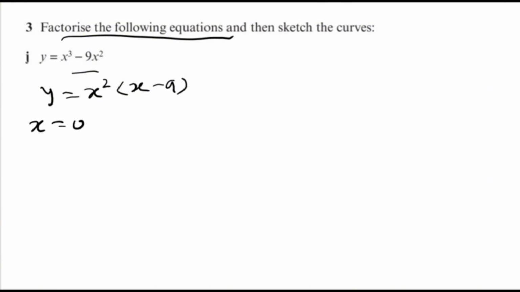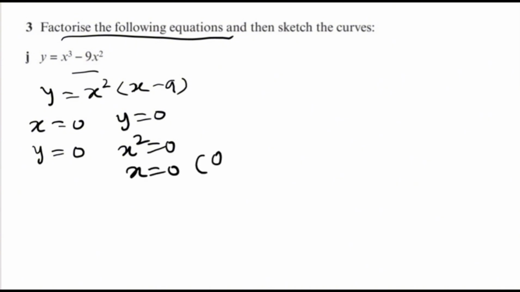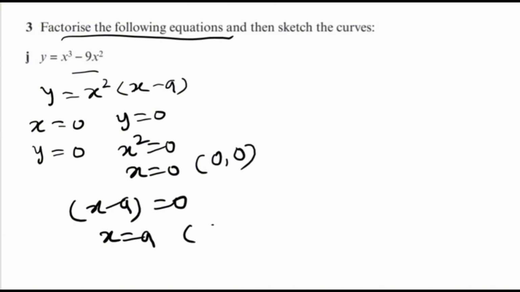x is equal to 0, y also equal to 0. And when y is equal to 0, x squared is equal to 0 means x is equal to 0. So intersection point is (0, 0). x minus 9 equal to 0, x is equal to 9. So the coordinate we are getting is (9, 0).